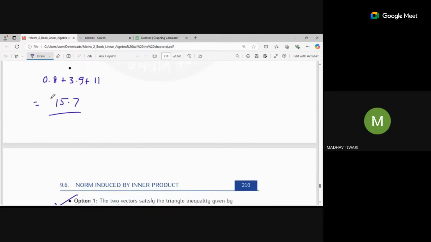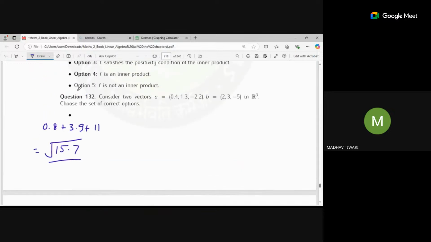Let's do the square root as well, and now individually find out their magnitude or norm. So 0.4 multiplied with 0.4 will be 0.16, then it will be 1.69, then 4.84, and here we have already found it was the square root of 38, right? So you know that root 38 times this, which is greater than 1, right?